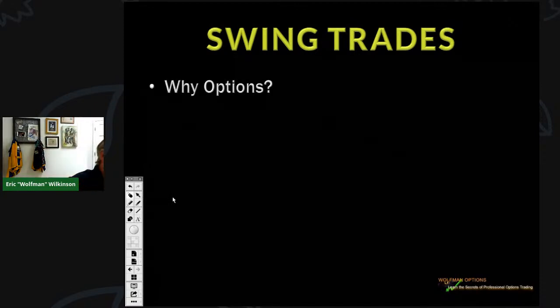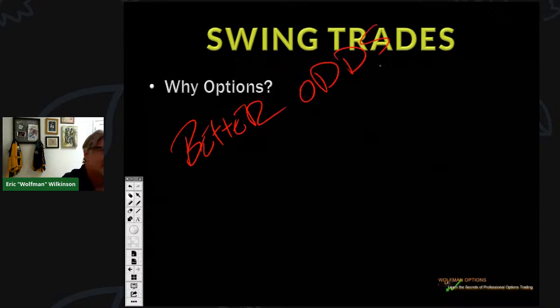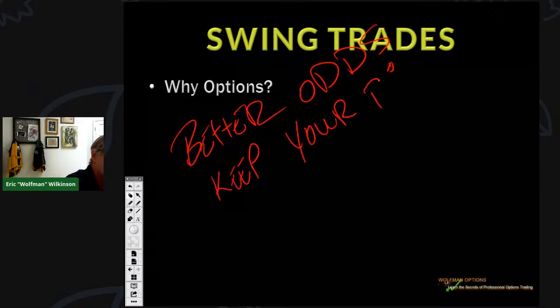And why are we using options? Because you have better odds. Better odds of success. If you have better odds of success, that allows you to keep your powder dry.